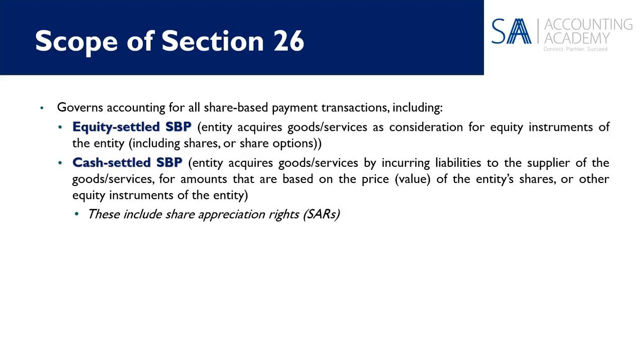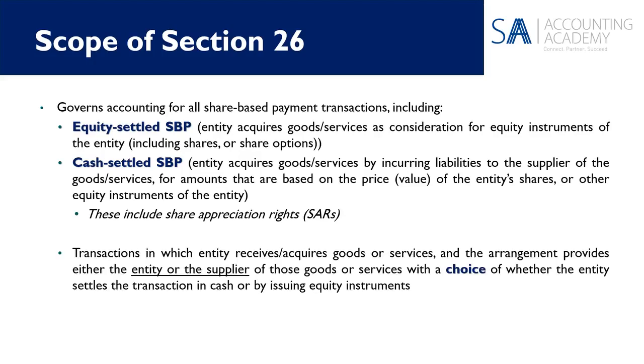And then for the credit, we need to make sure that we understand how to account when we are going to settle on an equity basis, or settle in cash with a link to the underlying equity instruments of the issuing entity.